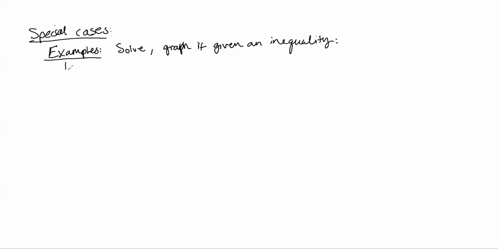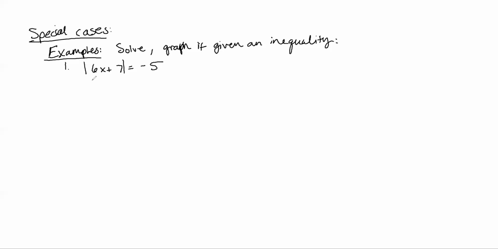So number 1 here, we're given the absolute value of 6x plus 7 equals -5. First thing to always check is that your absolute value is alone, which it is. Now there's something wrong with this equation, which makes our answer really nice and fast.